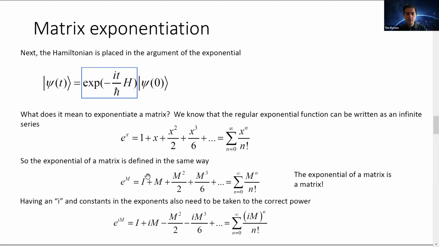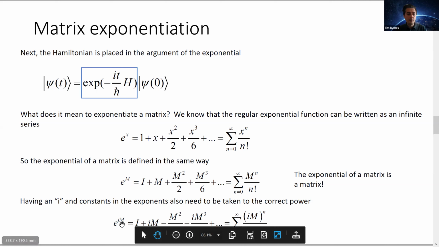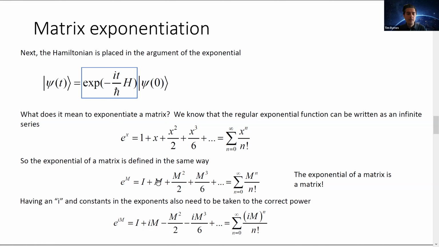Okay, so that's matrix exponentiation. That's how it's defined. Now, if you have an i there, what does that do? Because actually, that's the situation that we have here. The constants, I think it's not that bad, because you can just absorb that into the matrix itself.